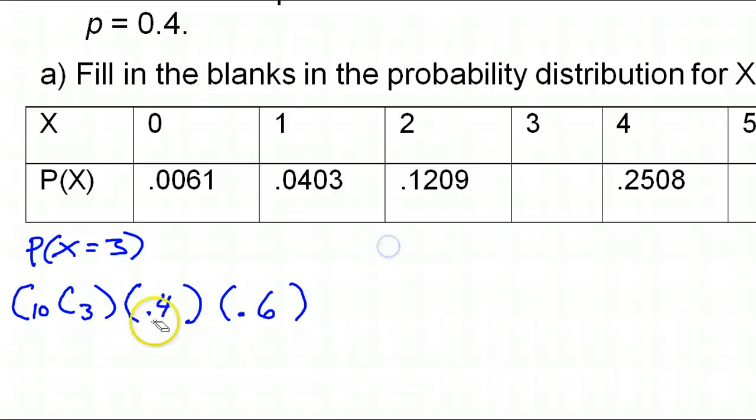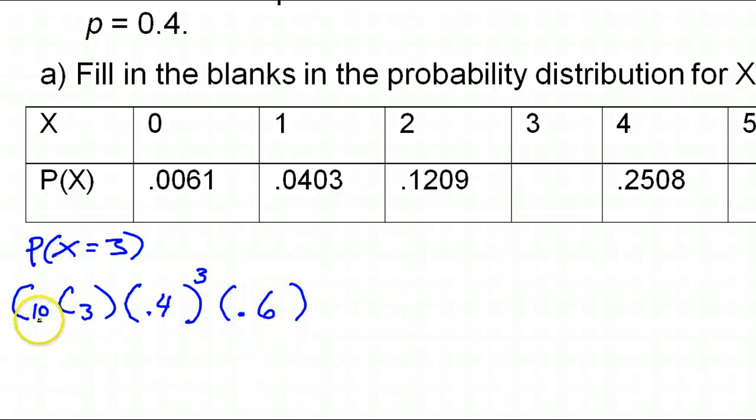Anyways, now each of these probabilities, success and failure, needs a power to represent how many times we're going to multiply them. Well, it depends on the number of successes and the number of failures. As we already said, we're shooting for x to be equal to 3. That means 3 successes, so this is the probability of success, and we will do that probability 3 times. 0.6 is the probability of failure.